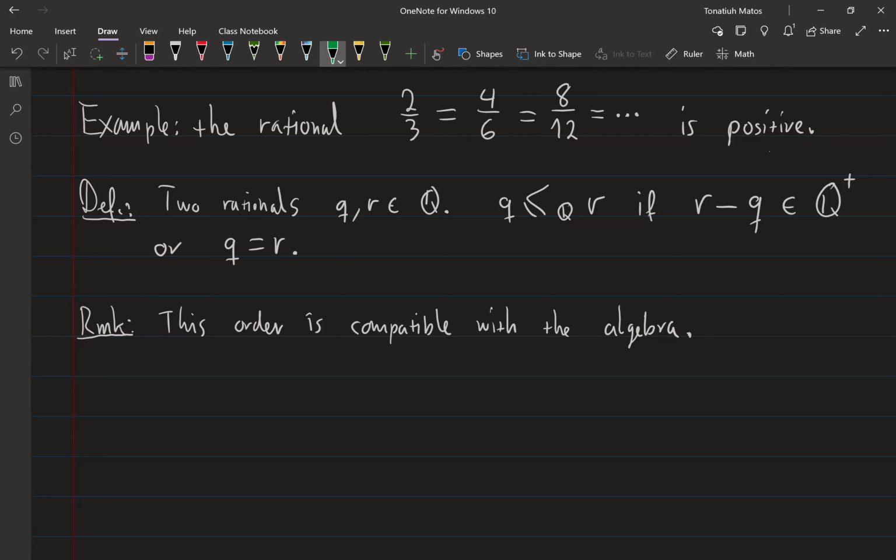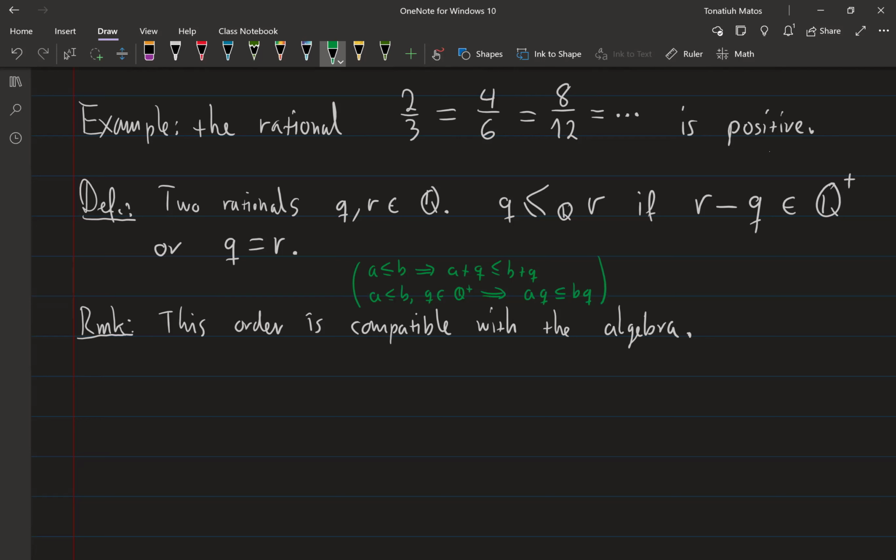And like I said, maybe I can write it here. Okay, so A less than B implies that A plus Q, let's say, is less than B plus Q, and also A less than B, Q positive implies that A times Q is less than B times Q, and so on, right?